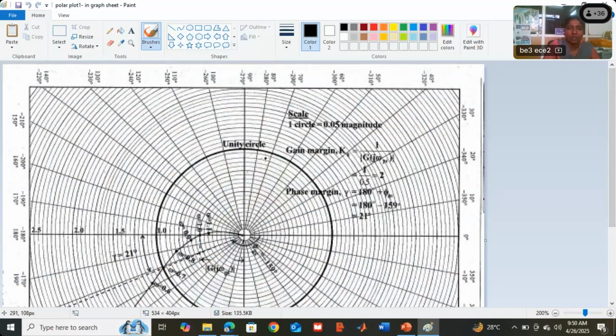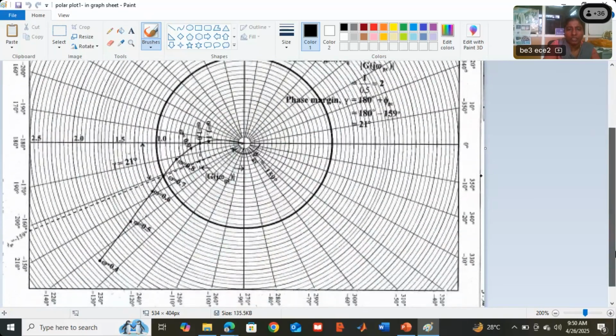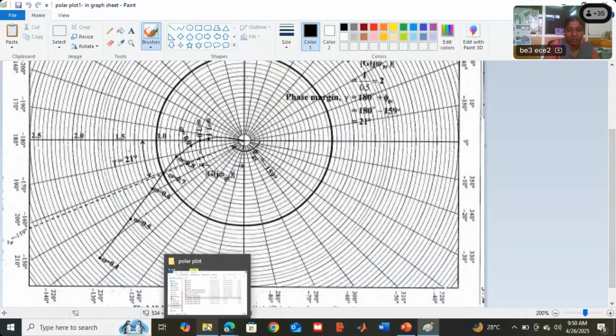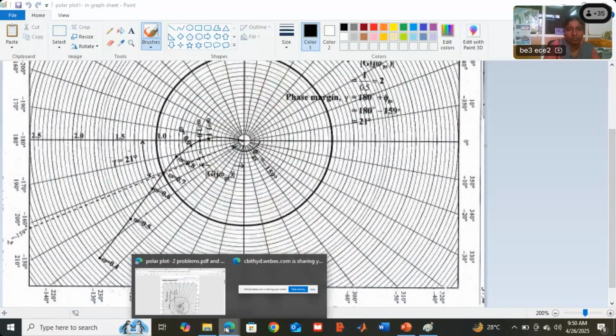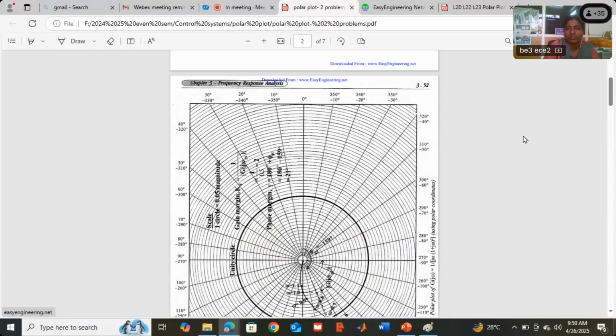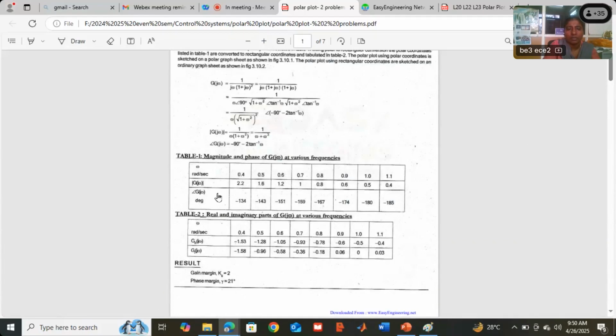Now we will see from the tabular column how to make the plot. You see here from the tabular column, this is polar coordinates. We have to use the polar coordinates for doing the graph in polar graph sheet. So now magnitude and phase angle.